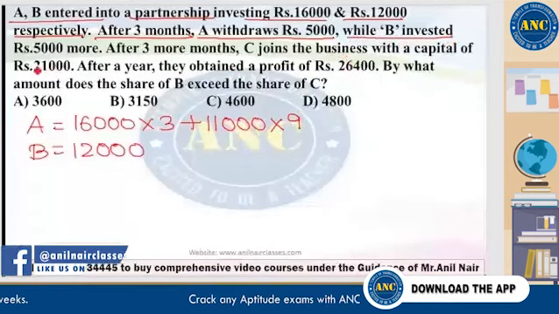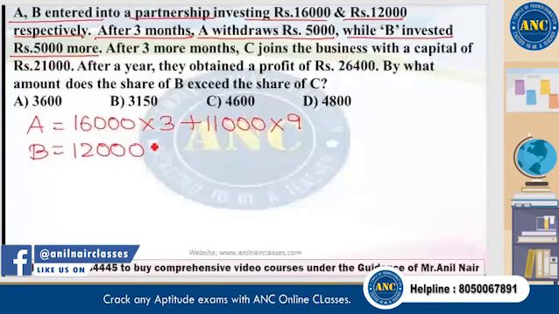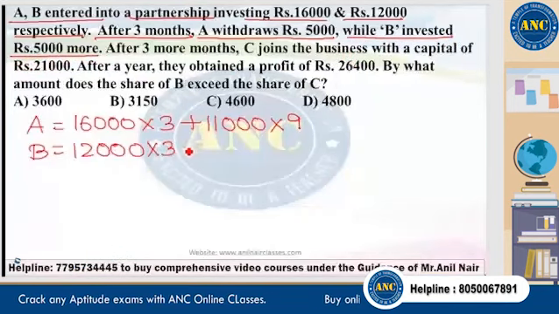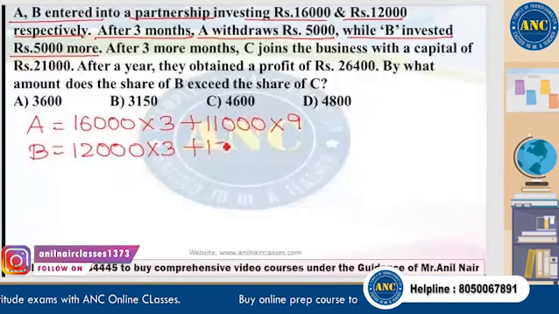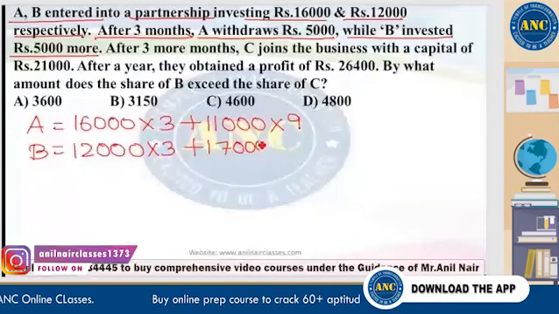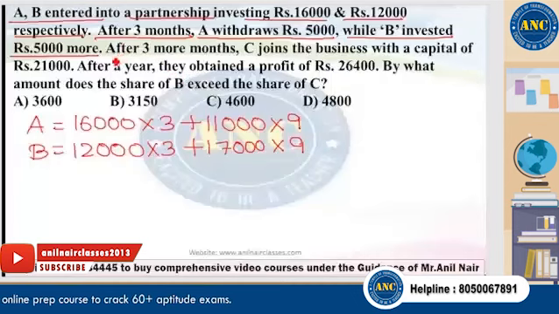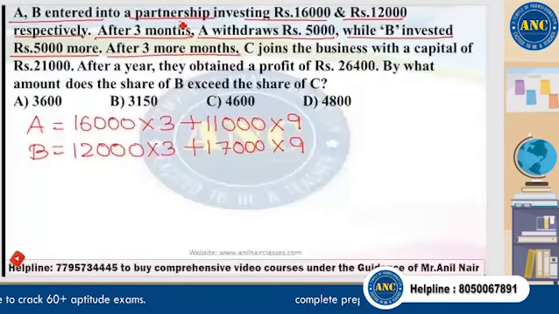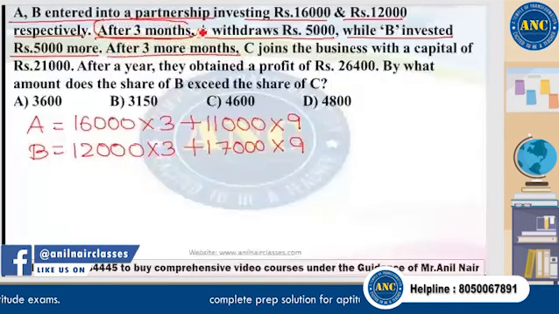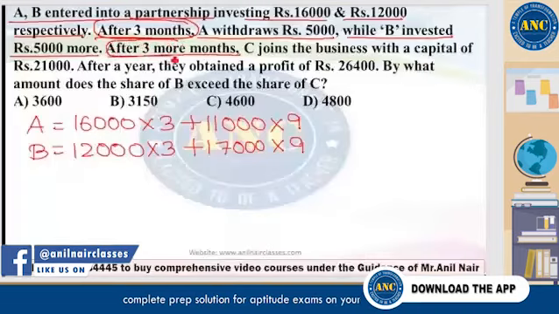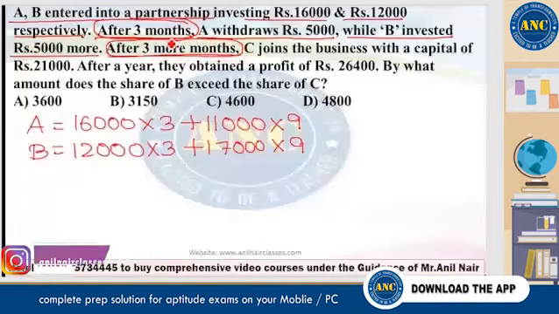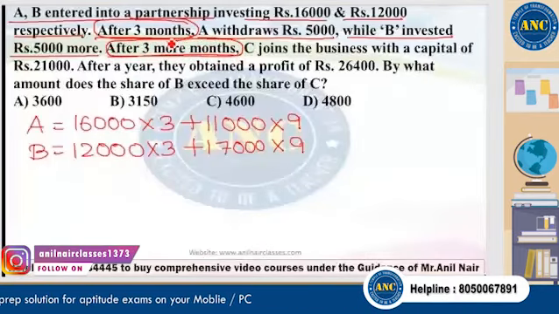While B invested 5,000 more. That means B also after 3 months is investing 5,000 more. He is investing 12,000 plus 5,000, 17,000 for the remaining 9 months. After 3 more months, first it is given as after 3 months. Again it is given as after 3 more months. That means that it is after 6 months.